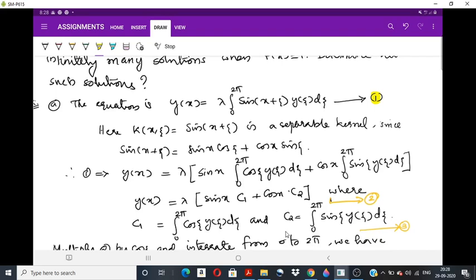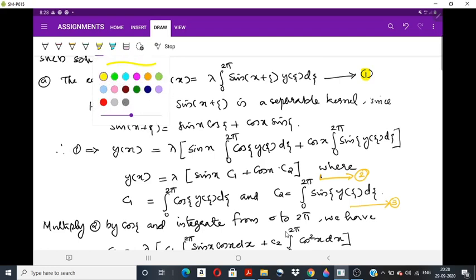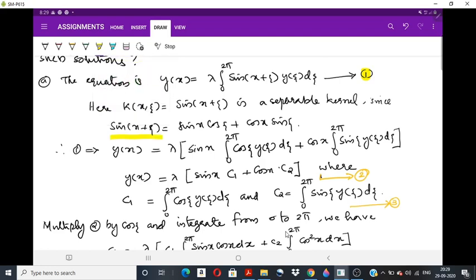When a Fredholm integral equation has a separable kernel, we have formulated the solution as follows. We substitute the kernel sine of x plus theta equal to sine x cos theta plus cos x sine theta, and then denote integral 0 to 2 pi cos theta y theta d theta as c1, and integral 0 to 2 pi sine theta y theta d theta as c2.